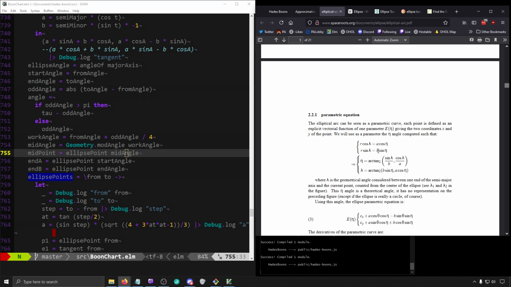R is mathematical mystery meat. The angle is arctan 2, which was the thing that we've used to get angles.